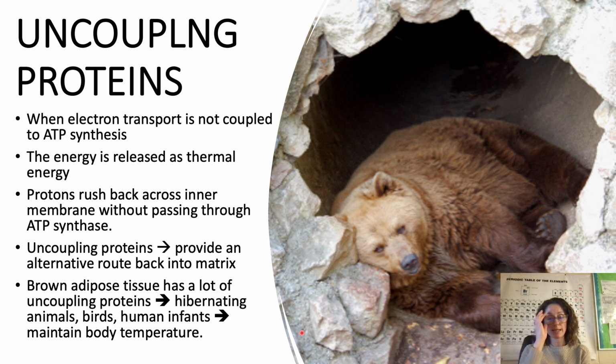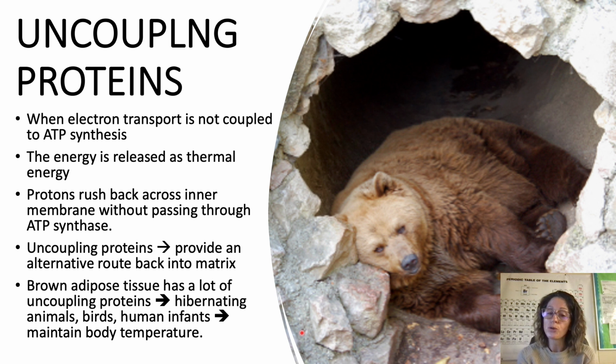All right, lastly, your textbook talks about uncoupling proteins, and these are really interesting. This is when electron transport chains exist, but there is no ATP synthase used. So you're creating this concentration gradient between hydrogen ions, between the two different sides of the membrane, but they're not flowing through the ATP synthase. Instead, there's uncoupling proteins.